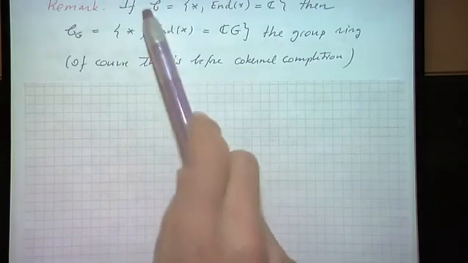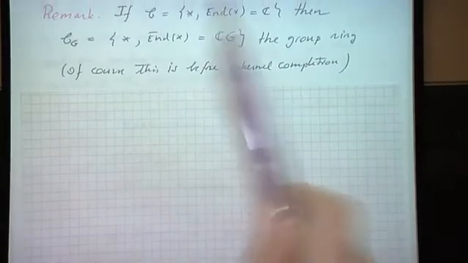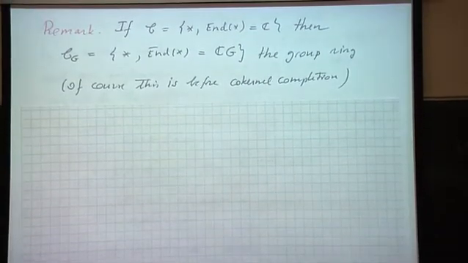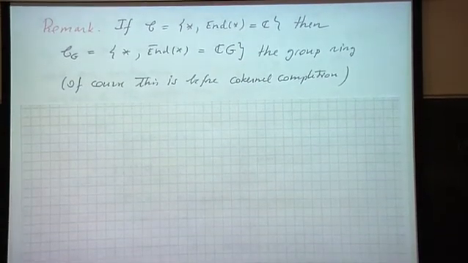So let's look at the category which has a single object, and the endomorphisms are just taken to be the complex numbers. It could be an algebra.